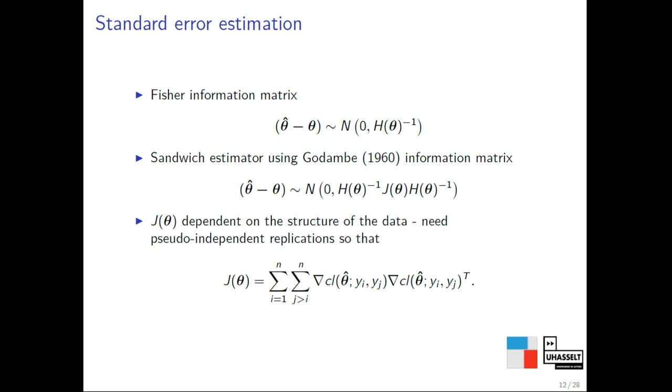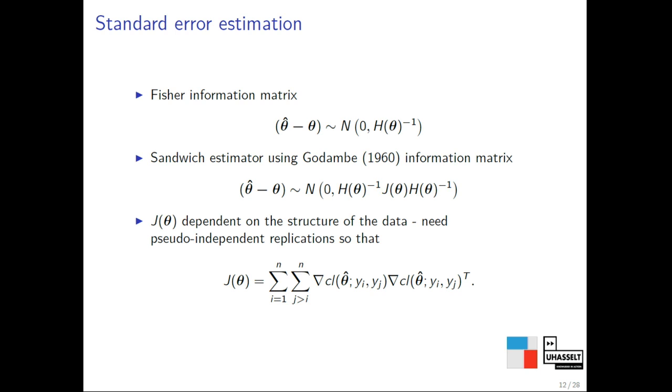For the standard error estimation, normally you can just use the Fisher information matrix, which is based on the Hessian from your data. But since we're using composite likelihoods with independent pairs anyway, you can adjust using the Godambe information matrix.